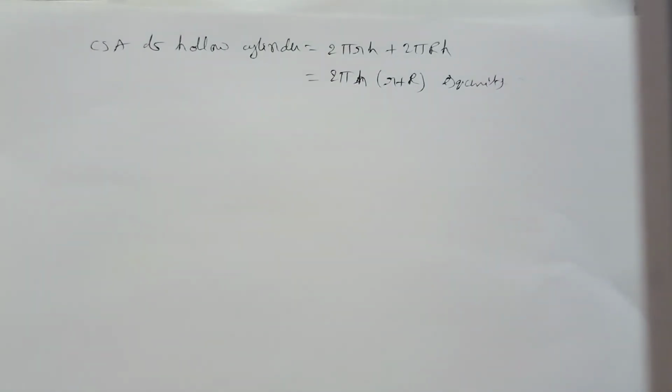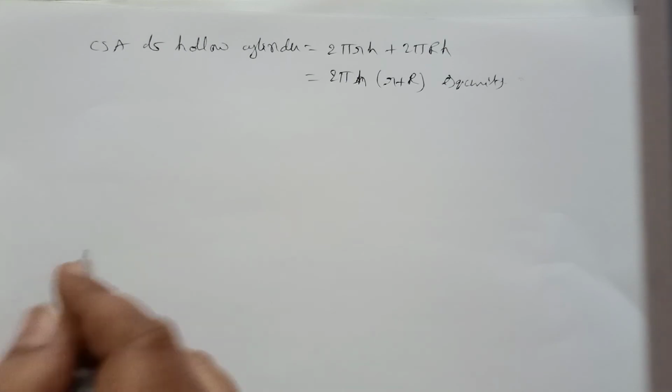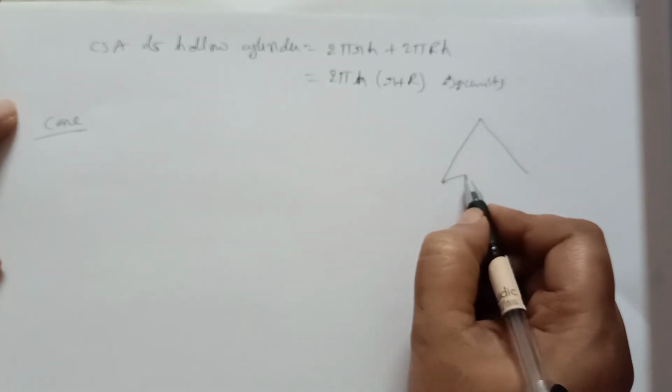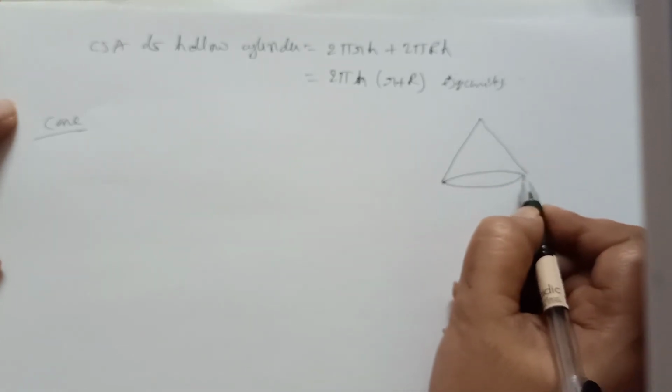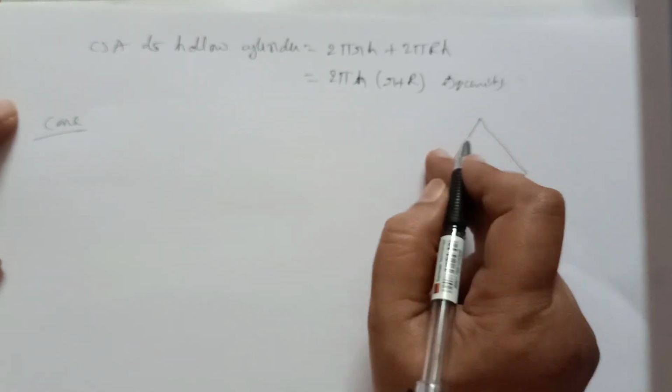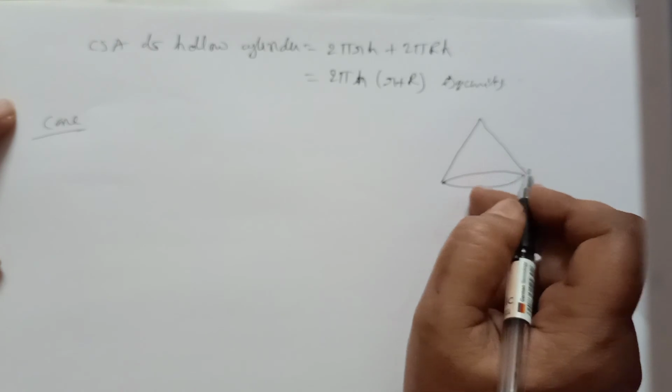Next, cone. For a cone, the lateral face is a curved surface and the base is a circle.